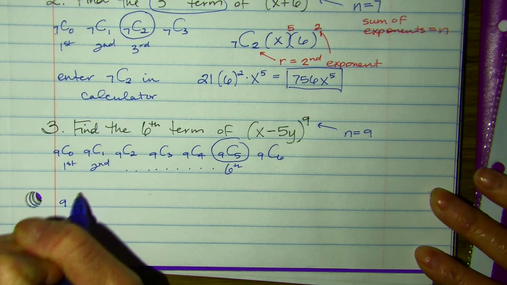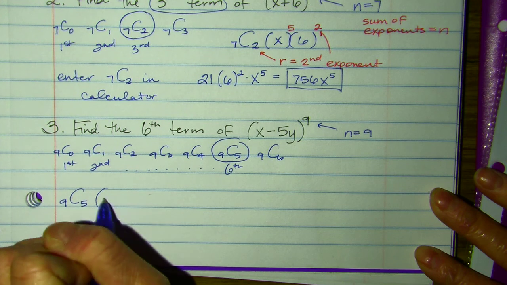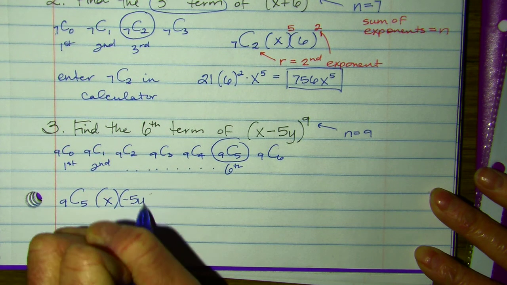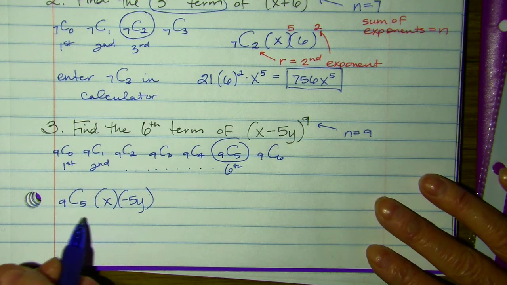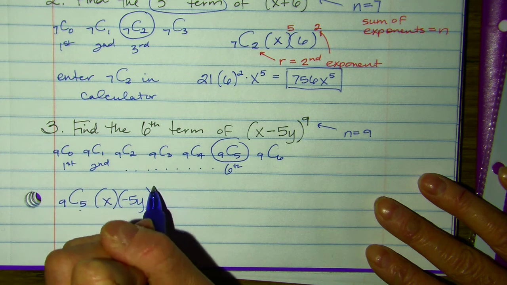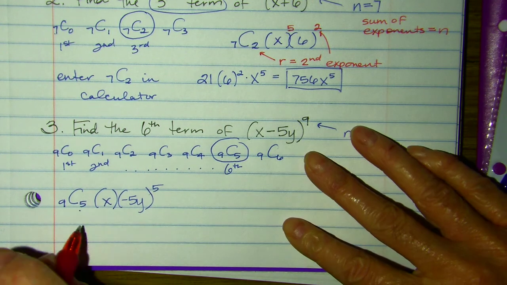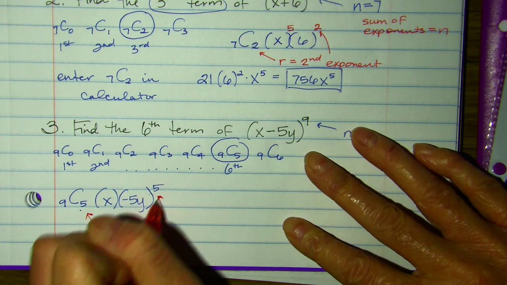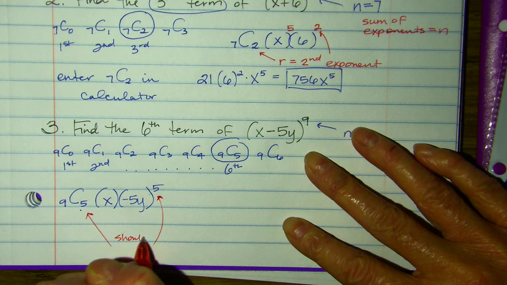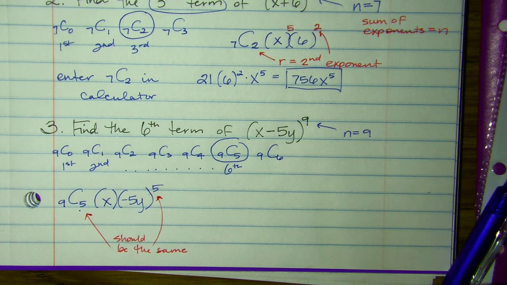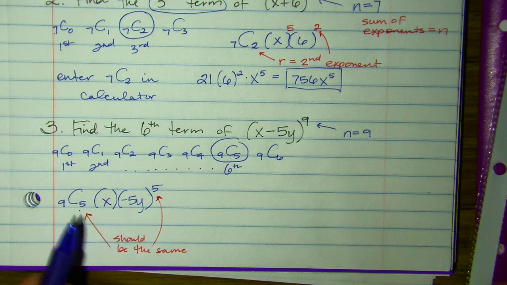So 9C5, my terms, x, negative 5y. I know that this r must be my second exponent. Remember, these should be the same. And then these exponents have to add up to be 9.